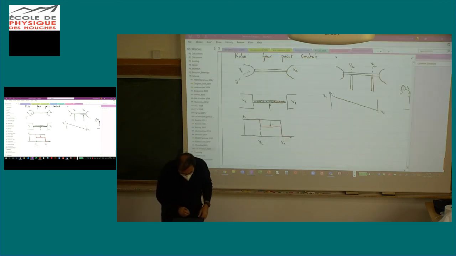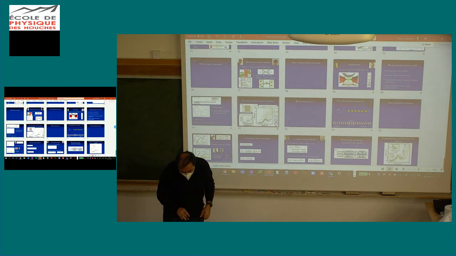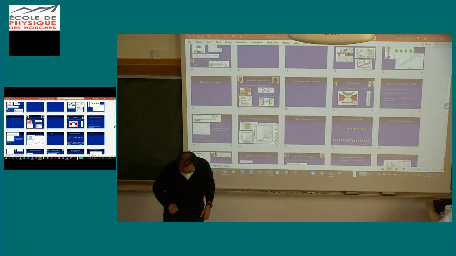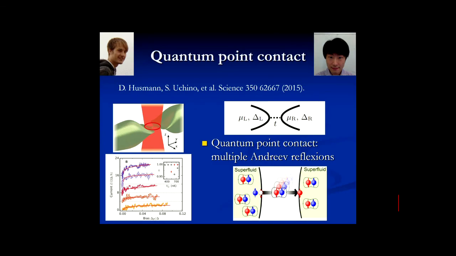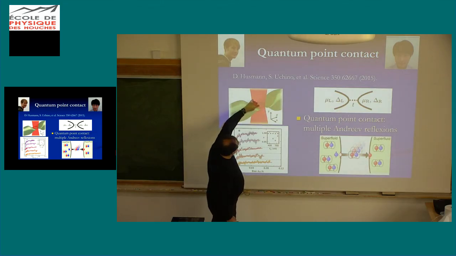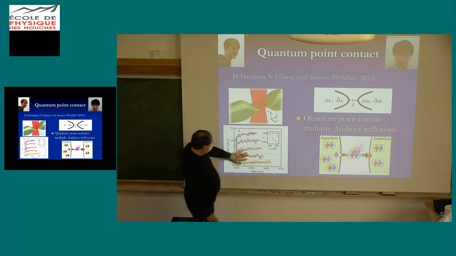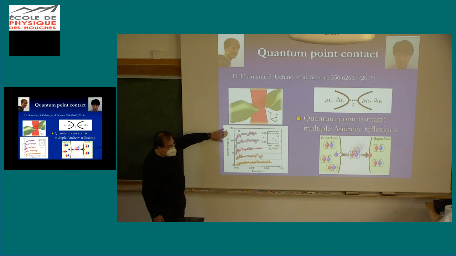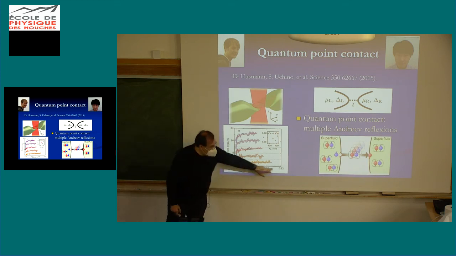Just to answer your question with an experiment, here is the quantum point contact. So this is the two systems, the two reservoirs. And now here you have a huge tunnel barrier in between. And these are the curves that you see for the current as a function of the voltage, the bias.